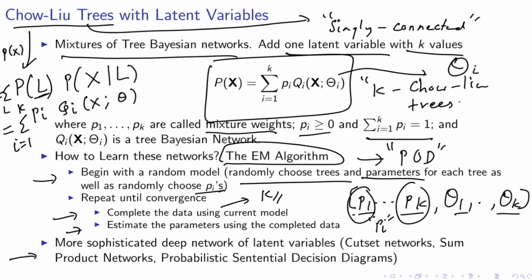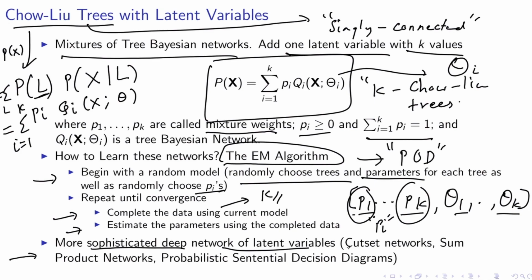Okay. To improve the performance further, you can use more sophisticated deep learning approaches where you induce a deep network of latent variables. And there are various approaches in the literature.